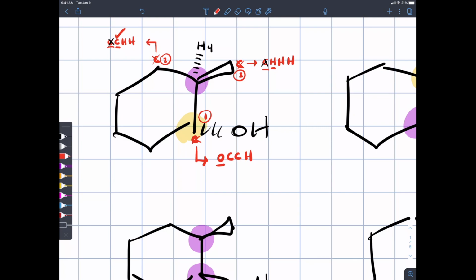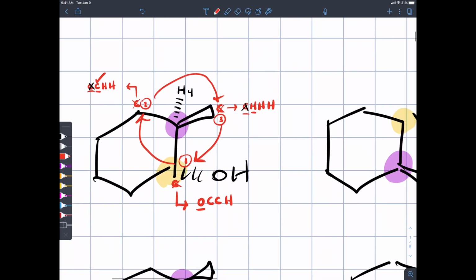Now, we draw an arrow from 1 to 2, from 2 to 3, and from 3 back to 1. And we note that that is clockwise rotation, or CW. And we also notice that the lowest priority group, proton, is down away from us.